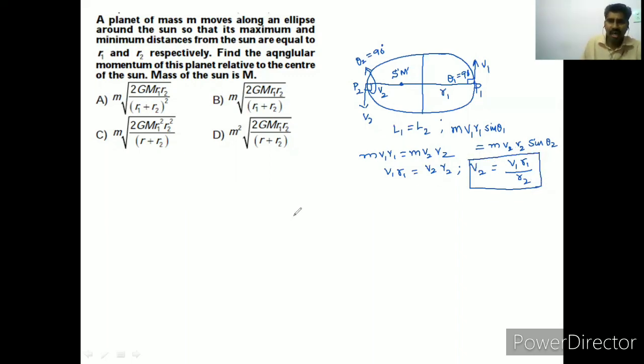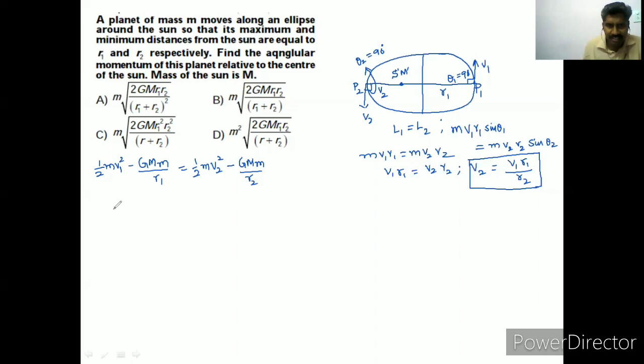Next, conservation of mechanical energy: the kinetic plus potential energy at P1 equals that at P2. So half m v1 square minus G M m by r1, where M is the mass of the sun and small m is the mass of the planet, is equal to half m v2 square minus G M m by r2. m is common.